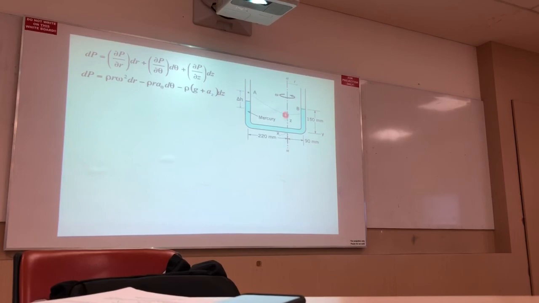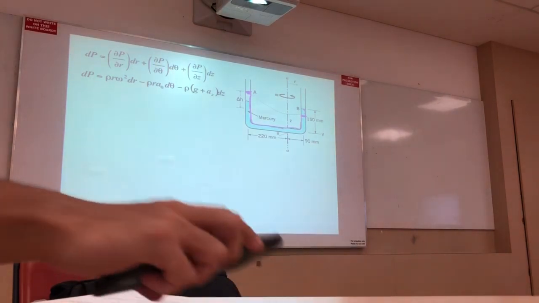Remember, for this case, we assume this point is A and this point is B. Okay? Yes. And the height, okay, after acceleration, this point goes down up to here and this is moving up to here. This is the new position. So this indicates the new position of the fluid.